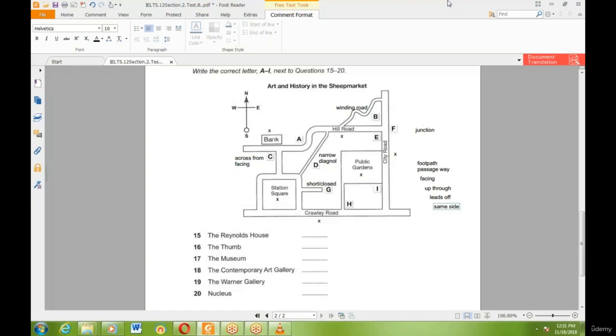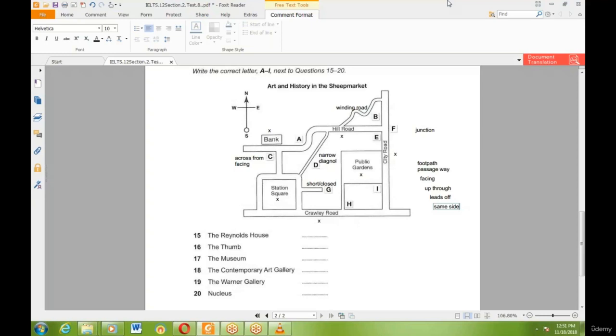The Sheep Market is one of the main centres for art and history in the whole of the country. If you look at our map, you'll see some of the main attractions there. Most visitors start from Crawley Road at the bottom of the map. The Reynolds House is one of the oldest houses in the city and is open to the public. It's on the north side of Crawley Road, next to the footpath that leads to the public gardens. The area is particularly interesting for its unusual sculptures.